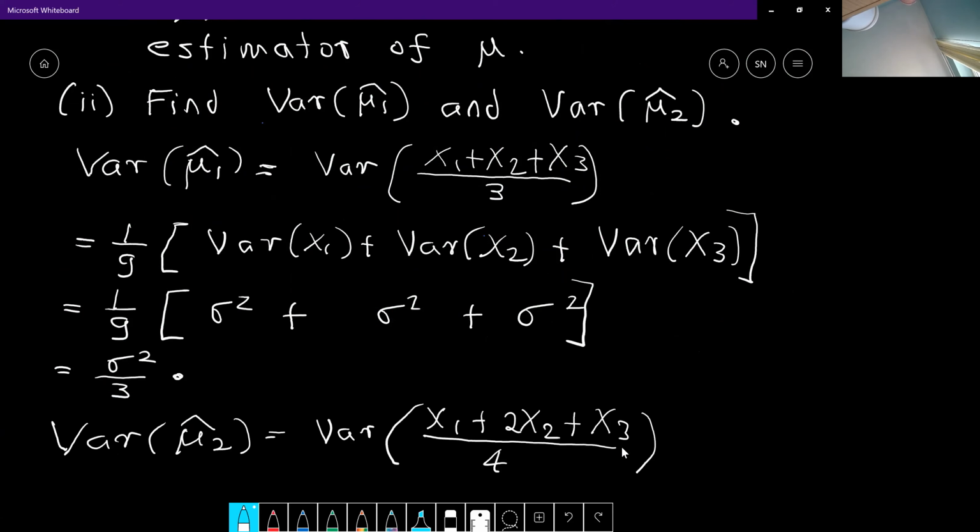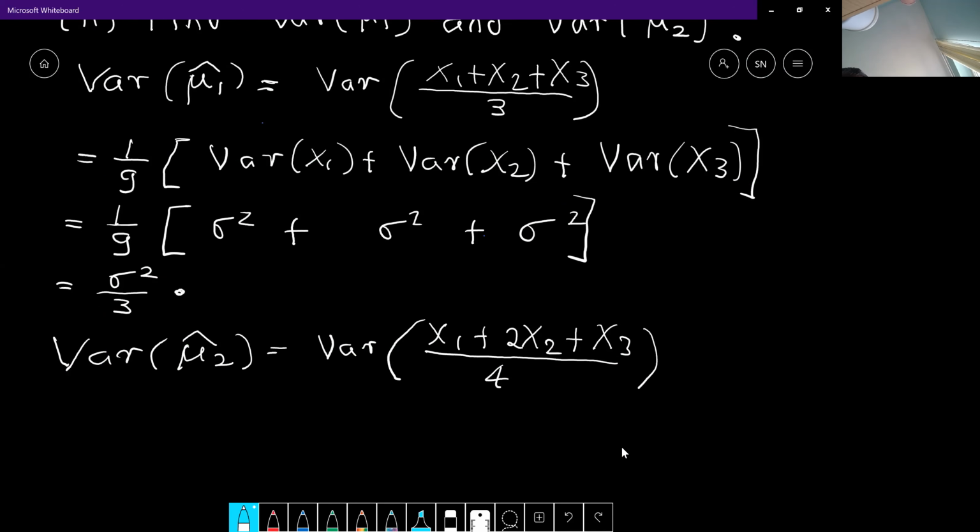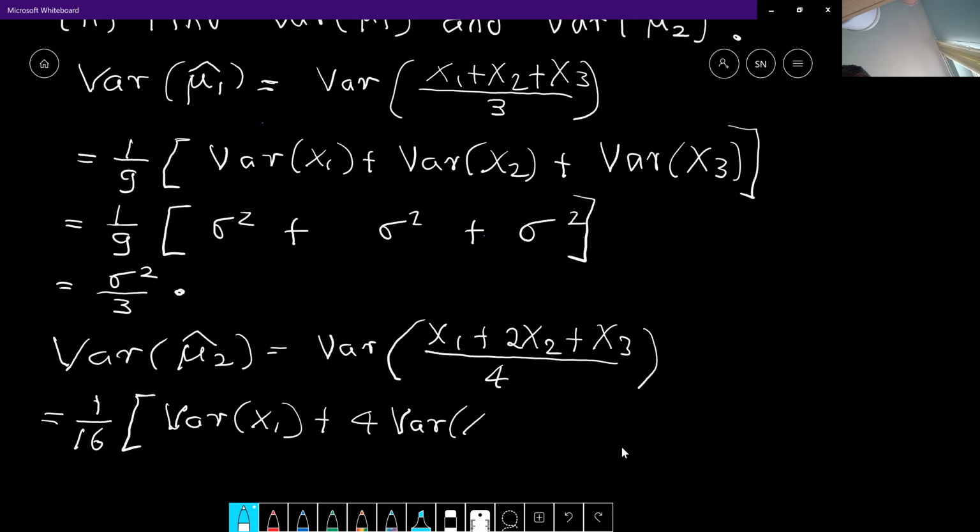If you take the 4 outside, it becomes a 16. So in brackets, you have the variance of x1 plus 4 times the variance of x2 plus the variance of x3.